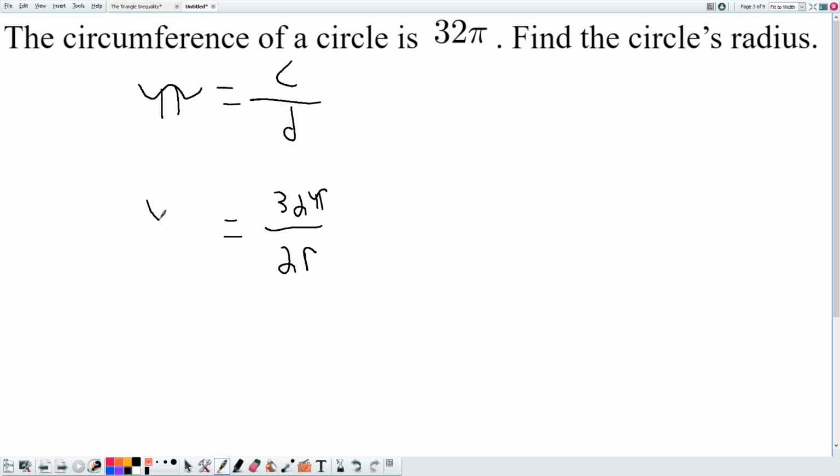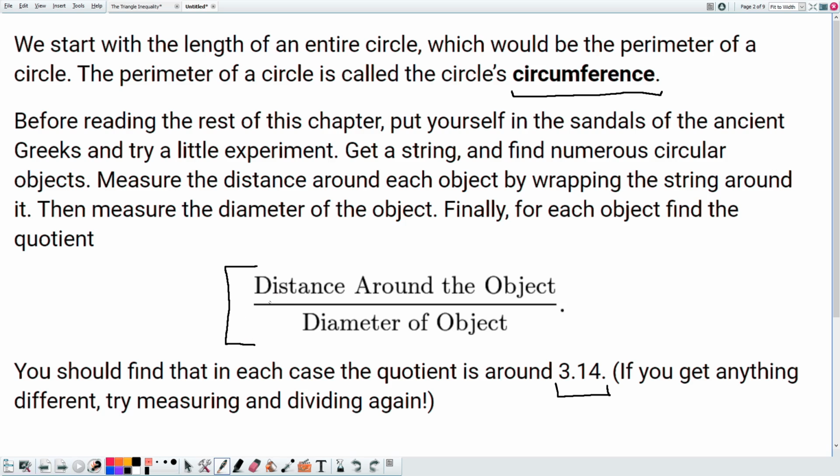And that is equal to pi itself, because, as in the last definition, the circumference over the diameter is equal to pi.